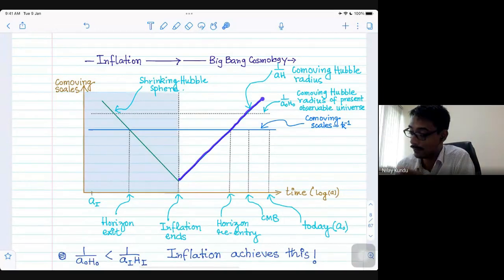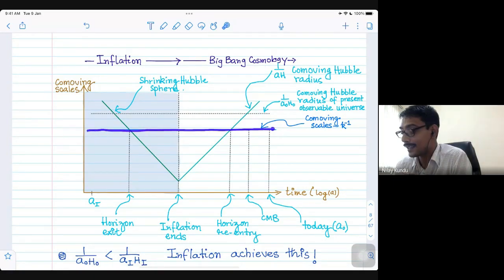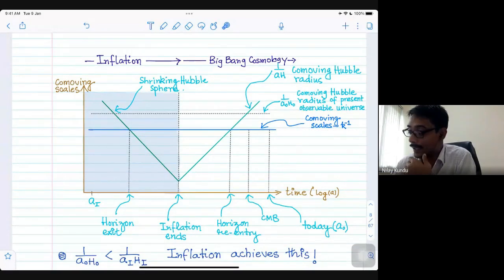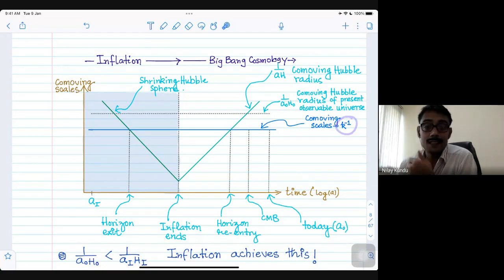Okay, and then you think that there is some co-moving scale, which can be the separation between two points, some length separation between two points, or it can be some perturbation or some mode for which the wavelength is k.